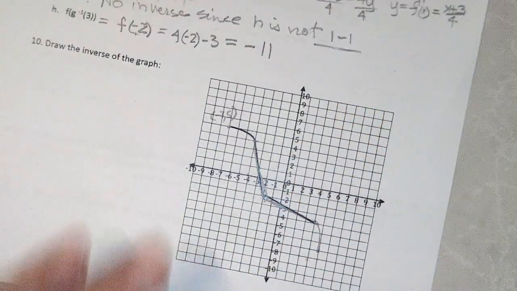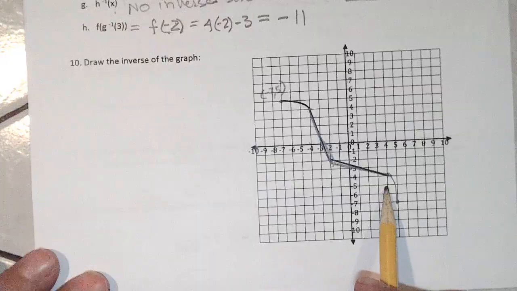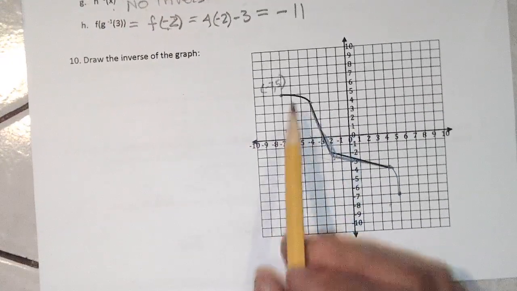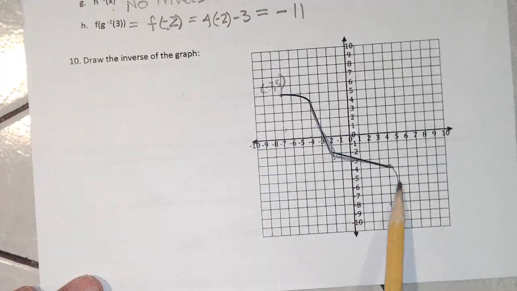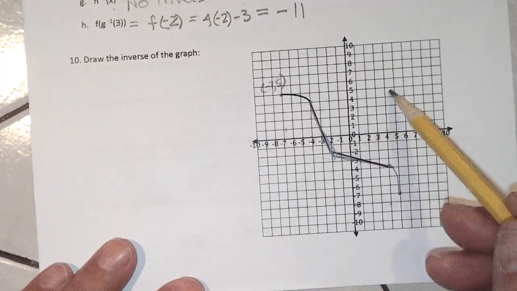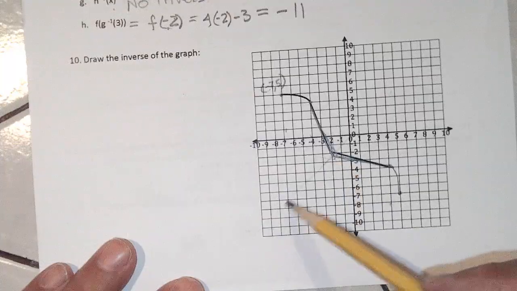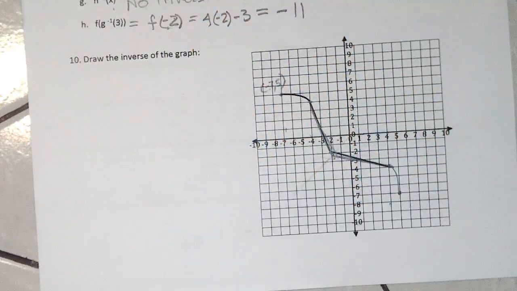So it landed almost on top of itself. So this is not a great example of how to do an inverse, but basically you find points on the curve, switch the x and y, and draw the curve that is a reflection over the y equals x line. Notice this graph flips over that line.